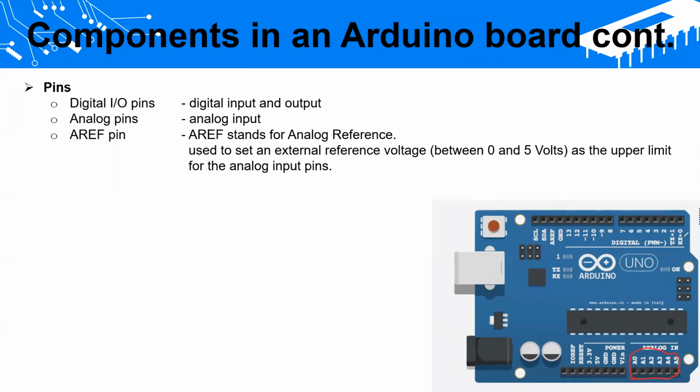Then we have digital pins from 0 to 13. Then we have ground pins, and voltage pins as well. If you need to take some voltage out from this Arduino board, we can use either 5 volts or 3.3 volts.